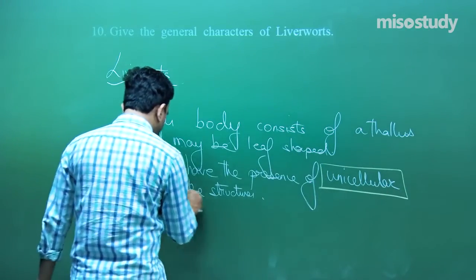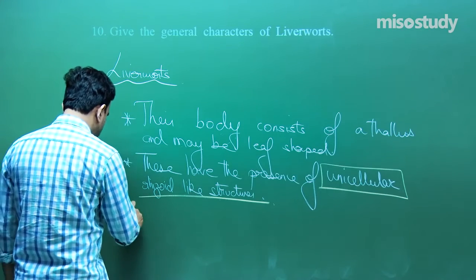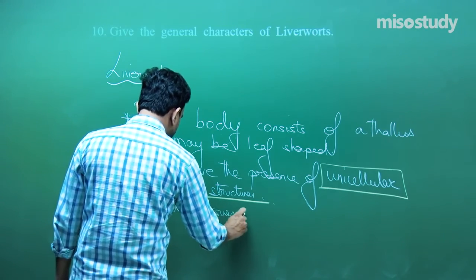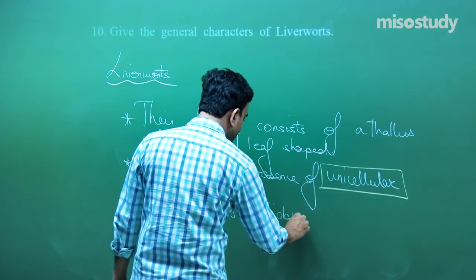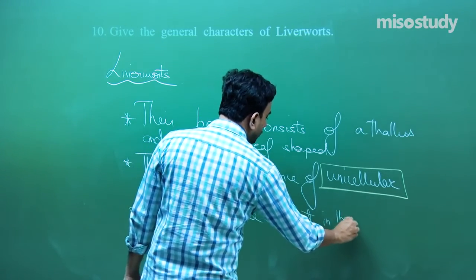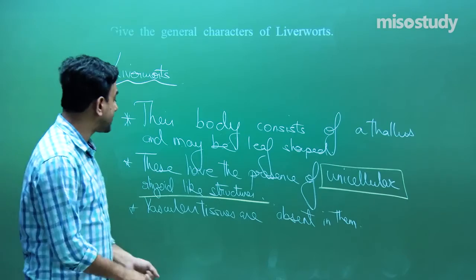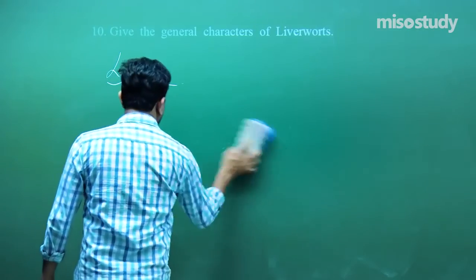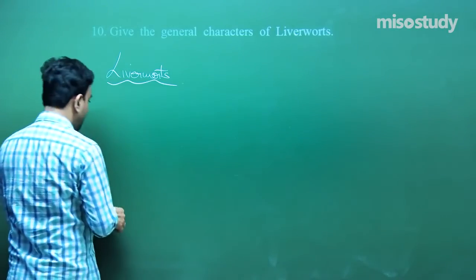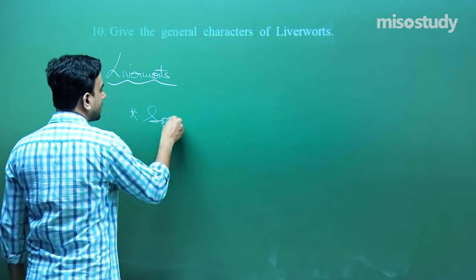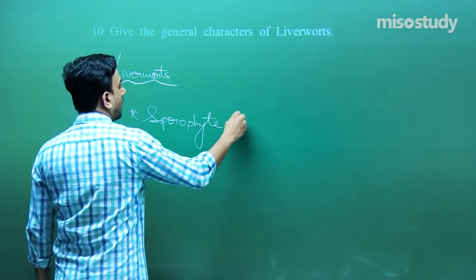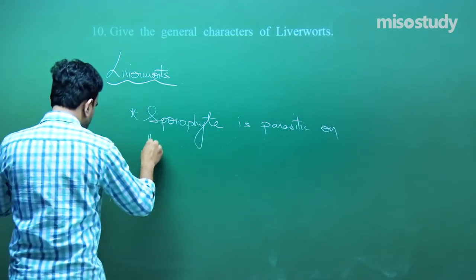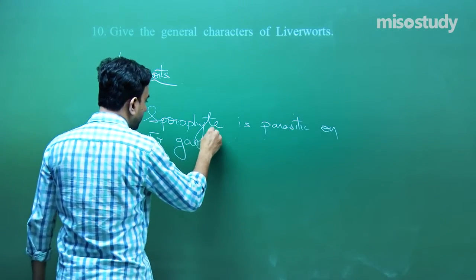The vascular tissues are absent in them, and also we will see that the sporophyte is parasitic on the gametophyte.